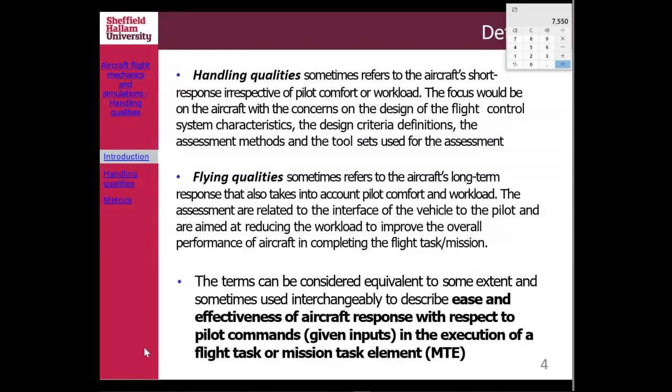Now, flying quality is sometimes referred to as the aircraft long-term response. So it also takes into account the pilot comfort and workload, that is, how much effort the pilot needs to put into making the aircraft stable again.